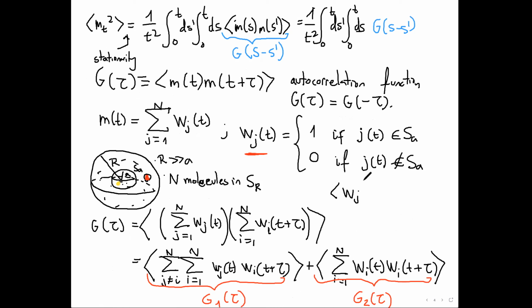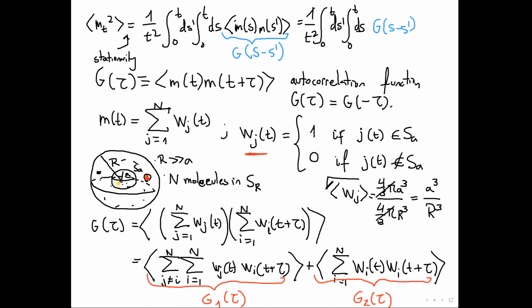The Wj average, this is important: I have big N molecules in all the volume, and some of them are inside the small volume. So the probability that a single molecule is inside is just the ratio between the volumes. It is just the volume of the small sphere divided by the volume of the big sphere. So it's 4/3 pi a cubed divided by 4/3 pi r cubed. This goes away and it's just a cubed divided by r cubed.